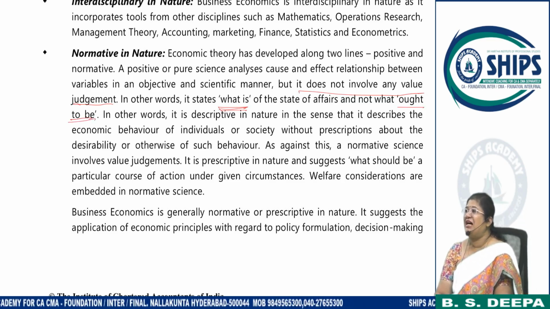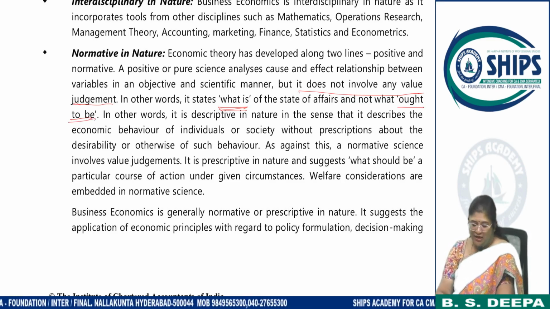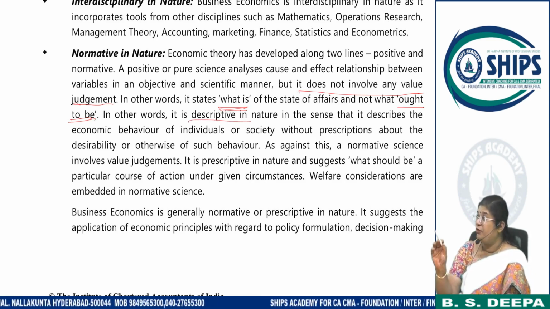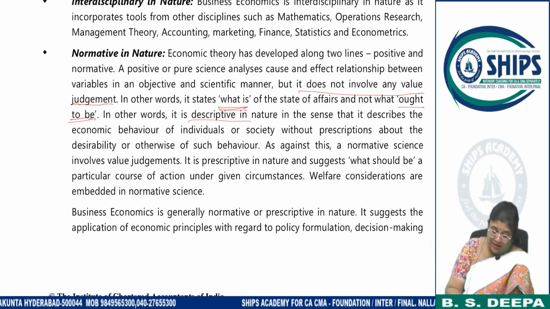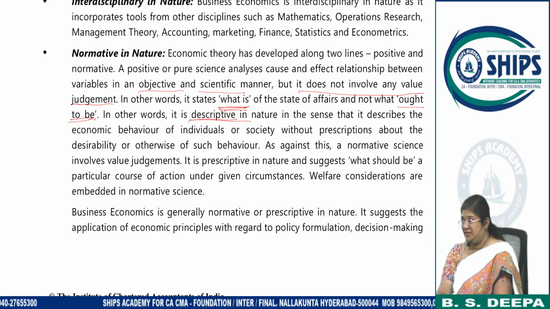What ought to be means how things should be. So that is why you find that it is descriptive in nature. These are all features of positive science: objective, scientific manner, deals with what is, descriptive in nature.